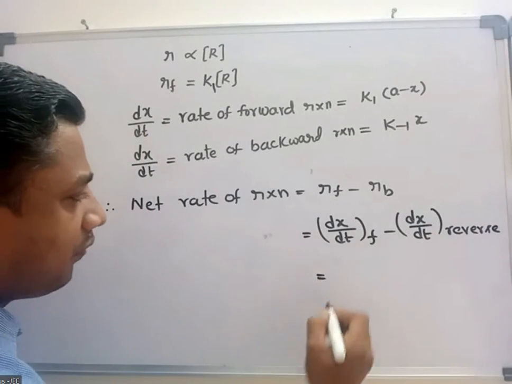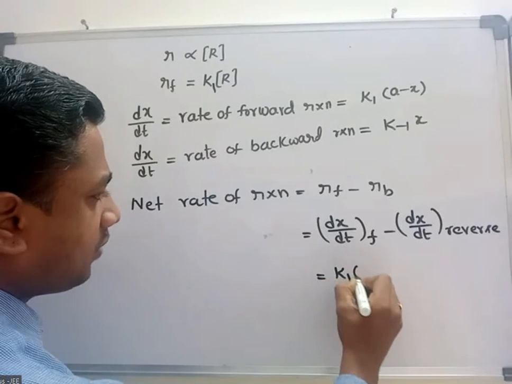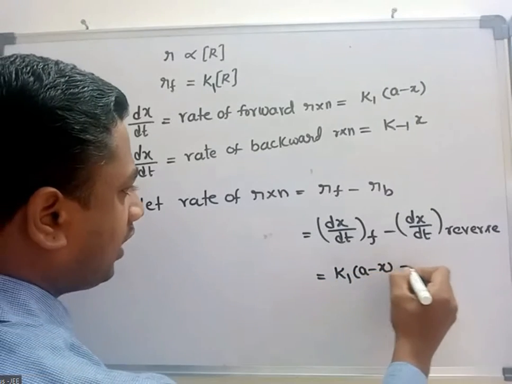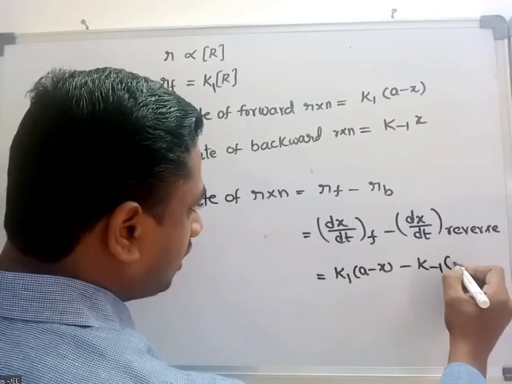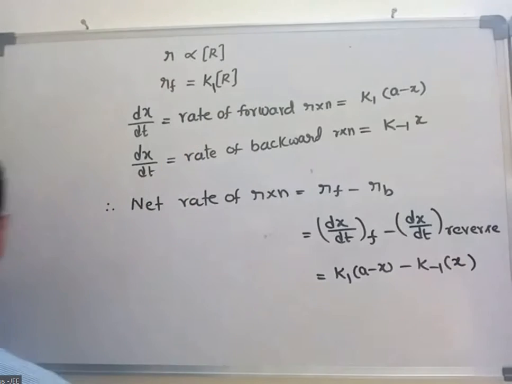The rate of the forward reaction is proportional to K1 into A minus X. The rate of the backward or reverse reaction is equal to K minus 1 into X.